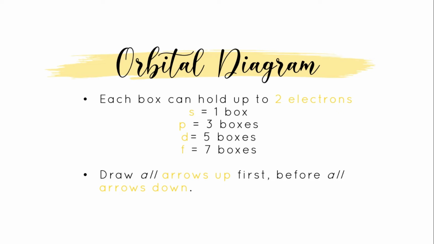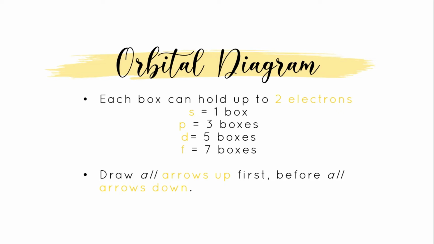First, each box can hold up to 2 electrons only. Therefore, if we're dealing with the S subshell, we need to draw one box. If we're dealing with the P subshell, since the P subshell can hold up to 6 electrons, so 6 divided by 2, we need to draw 3 boxes.